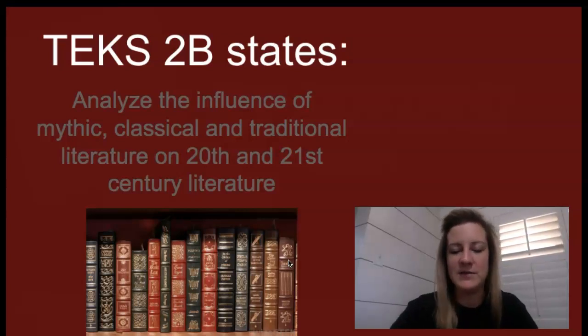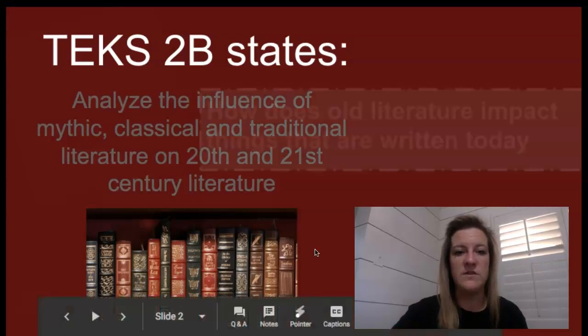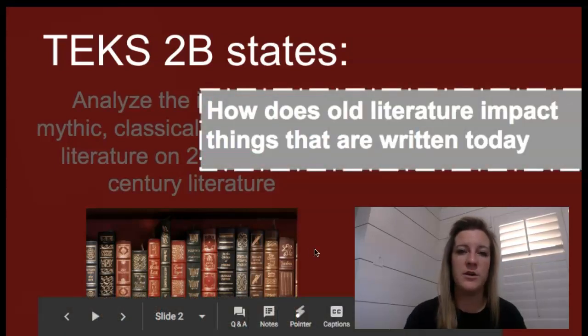They're not super far removed from where we are today as far as time period goes. But we want to be able to connect how classic, traditional, or mythic novels from a long time ago affect or influence books that we read now. Okay? So, how does old literature impact things that are written today?